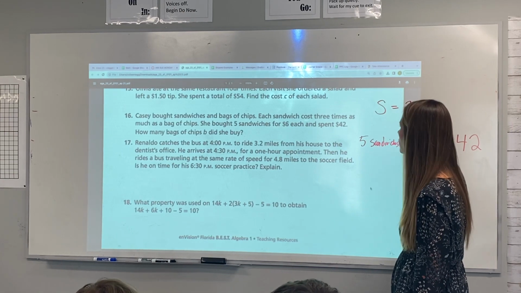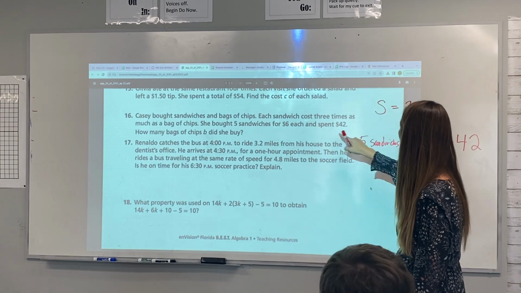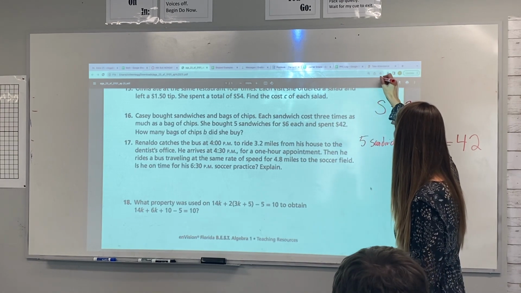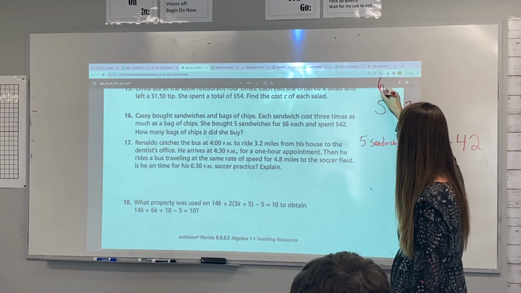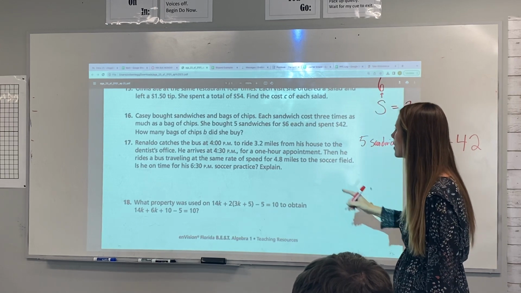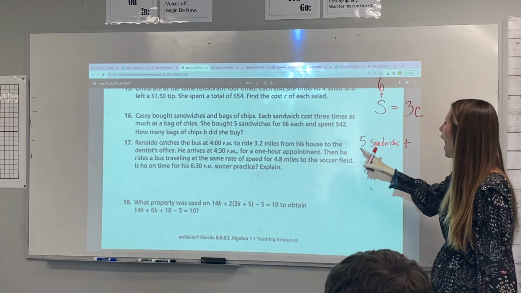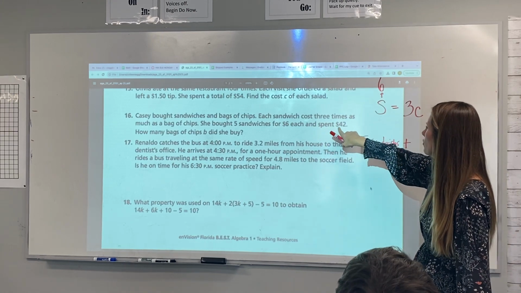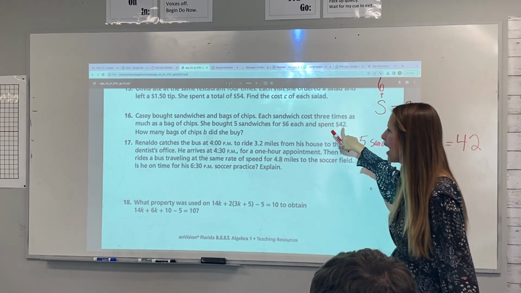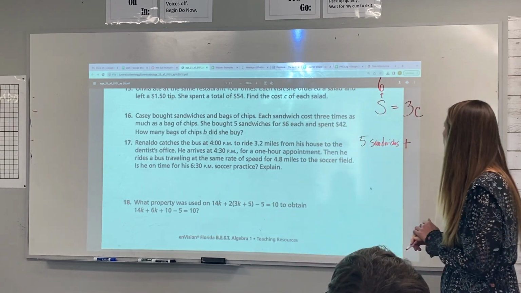And it says that the sandwiches are $6 each. So now we have our sandwich cost is $6. 5 sandwiches for $6 each and spent $42. How many bags of chips did she buy?